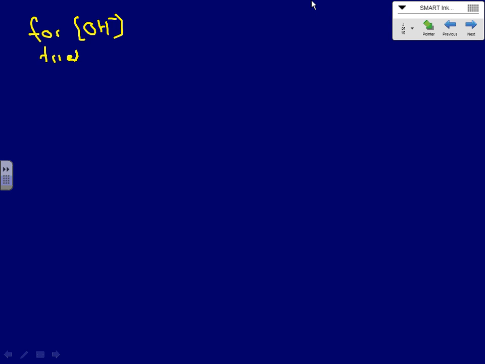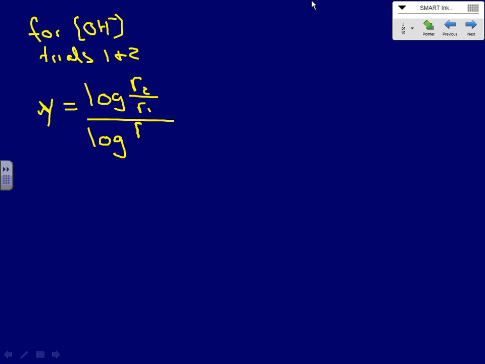So trials 1 and 2. Usually I put 2 and 1, it doesn't matter. That means y is equal to log, the rates go on the top, R2 over R1, log, and then the concentrations, OH minus 2, OH minus 1. Crash through gives you the exponent.